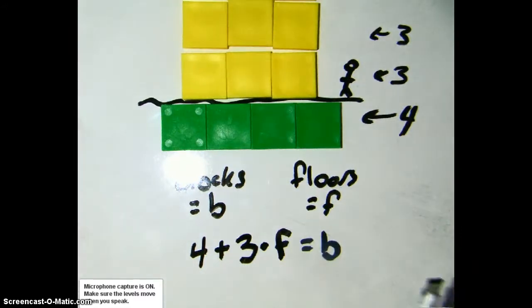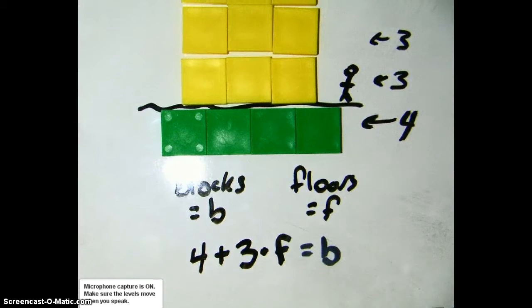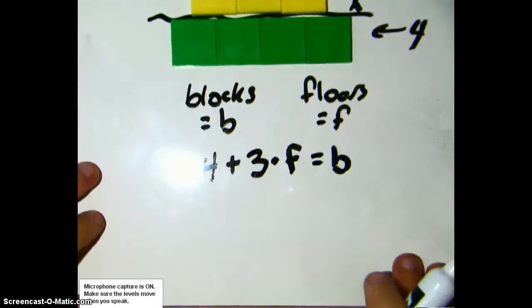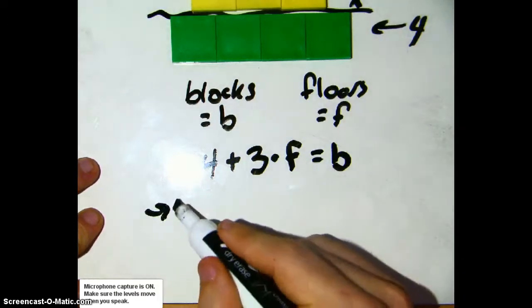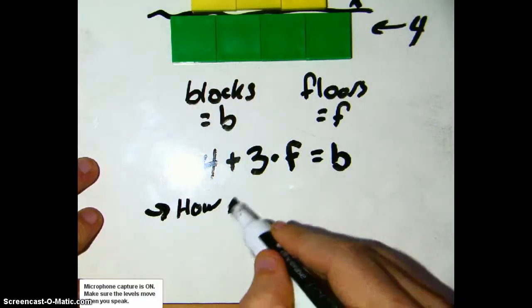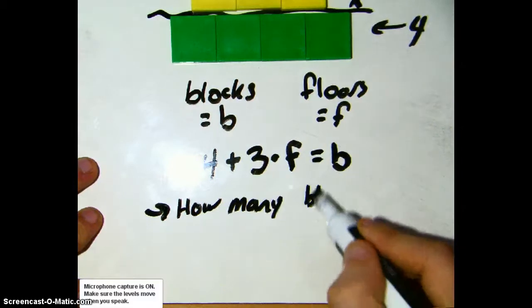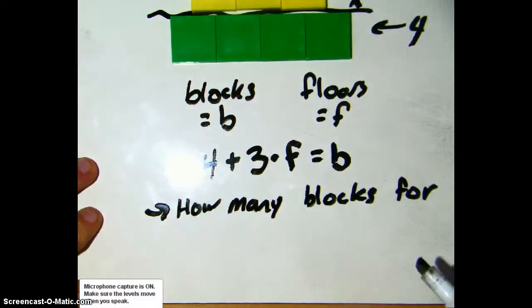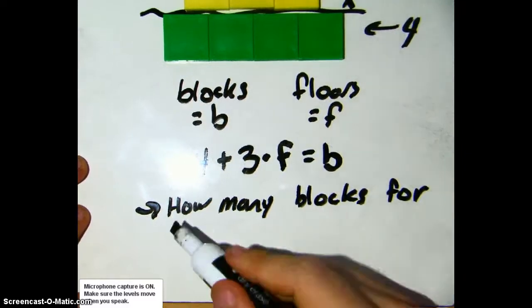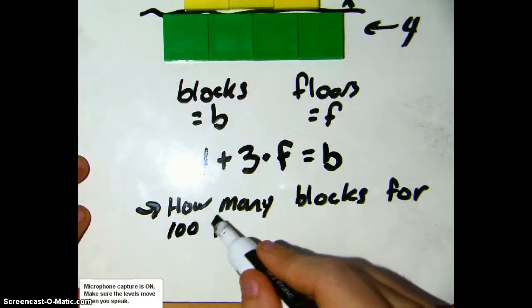Well, it's nice to have a rule, but it's really useless unless you use it, right? So let's use this rule. We're going to use it in 2 different ways. Here are the 2 questions I want to know. All right. How many blocks for, I don't know, let's go big. Let's go 100 floors.